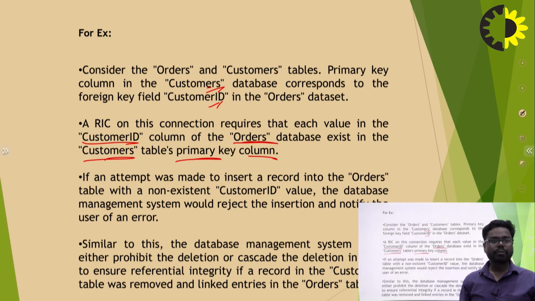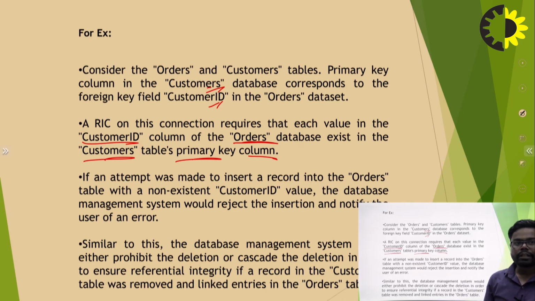If any attempt was made to insert a record into the order table with a non-existent customer ID value, the database management system would reject the insertion and notify the user of an error. Means if there is no customer ID and you are inserting a value for that, it will show you an error and it will reject your query for the insertion, and the DBMS will notify you that there is an error.